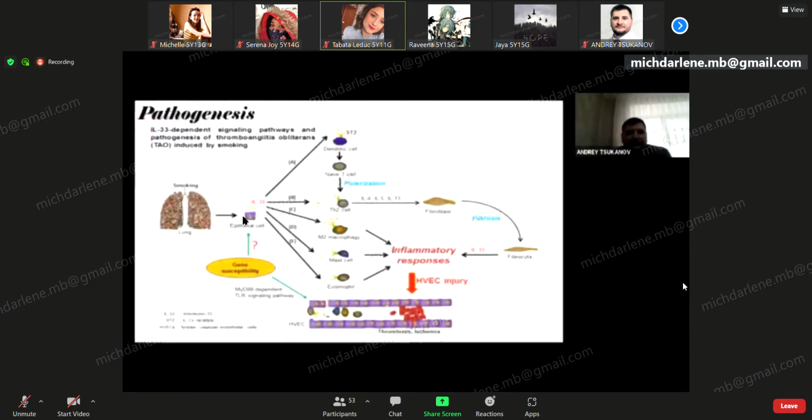Another scheme. In this scheme, you see the role of the interleukins, anti-inflammatory response, and the role of the different cells.